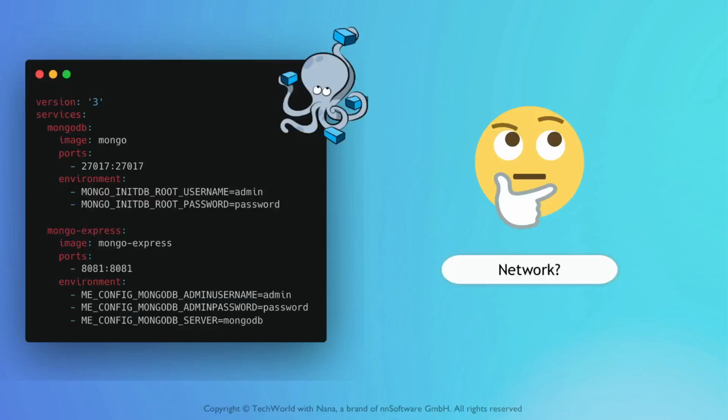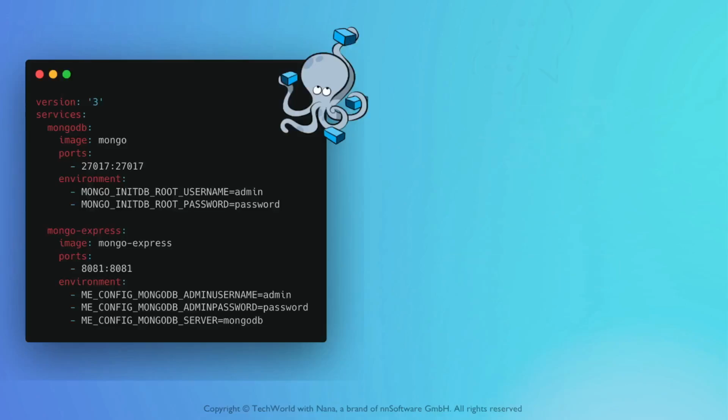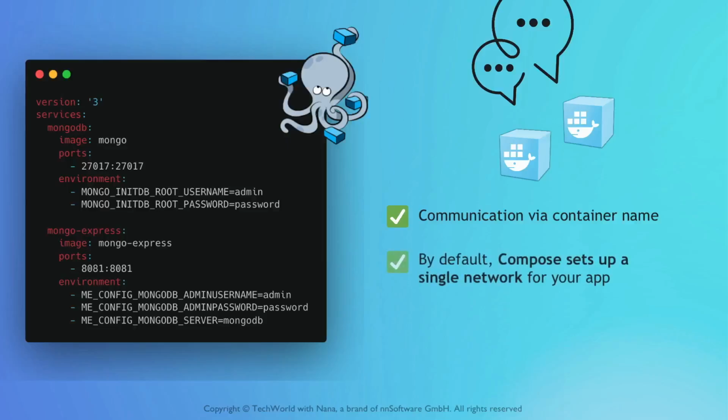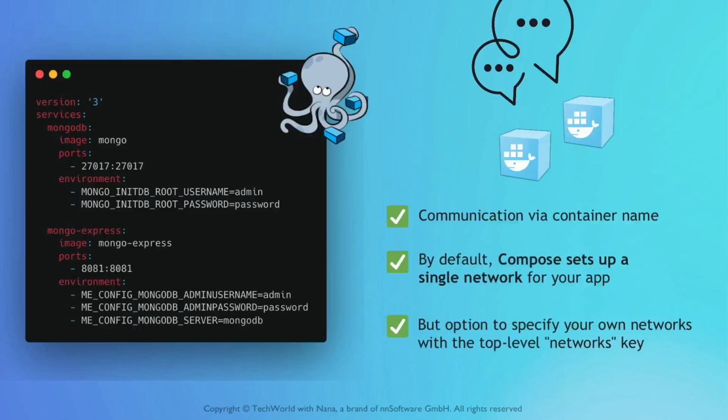So this Mongo network that we created, we don't have to do it in a Docker Compose because we have the same concept here. We have containers that will talk to each other using just the container name. So what Docker Compose will do is actually take care of creating a common network for these containers. So we don't have to create the network and specify in which network these containers will run in. And we're going to see that in action right away.